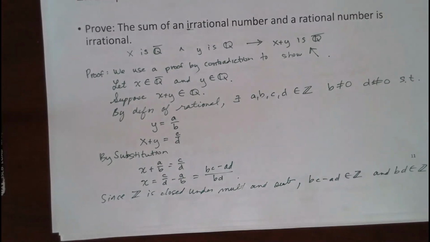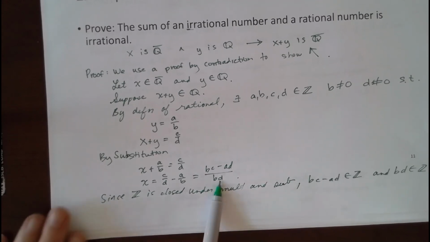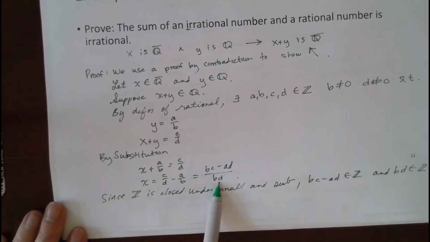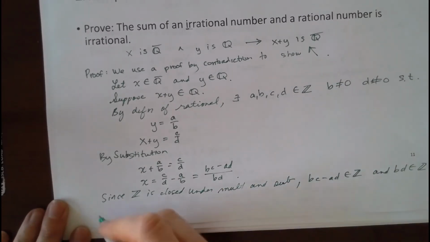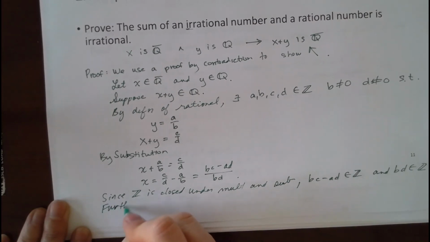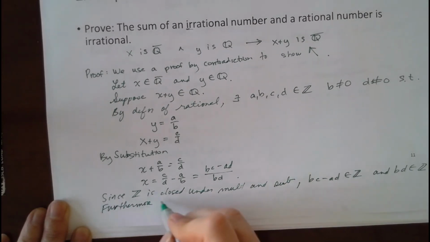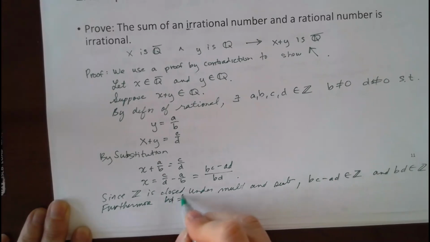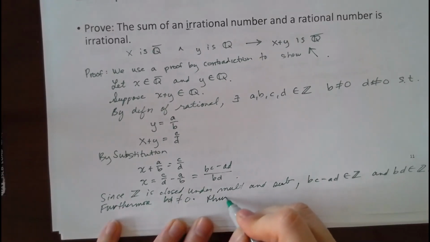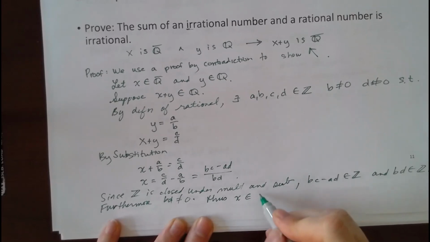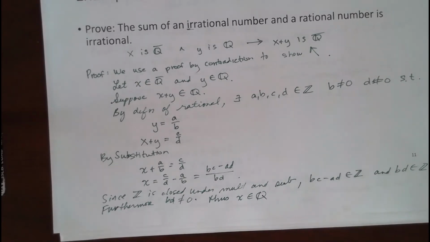The other part of the definition of rational numbers is that you can't have 0 in the denominator. Can we guarantee that bd is not 0? Yes, because b isn't 0 and d isn't 0, so their product can't be 0. Thus, x must be a rational number by definition.